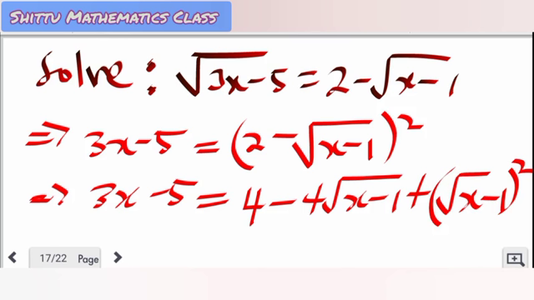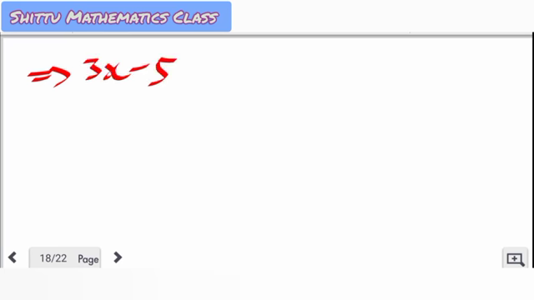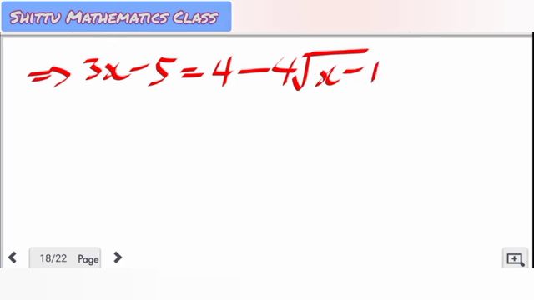So from there we have 3x minus 5 equals 4 minus 4 square root of x minus 1, plus x minus 1.